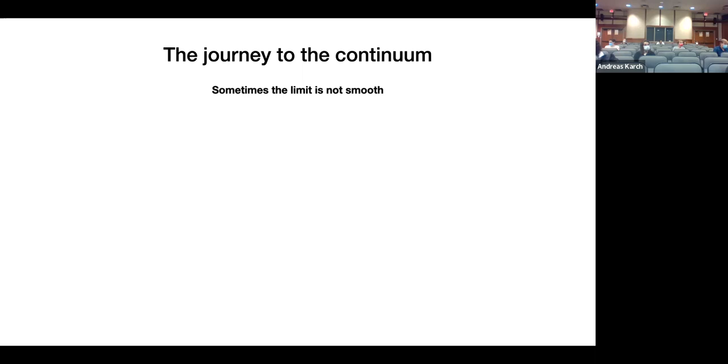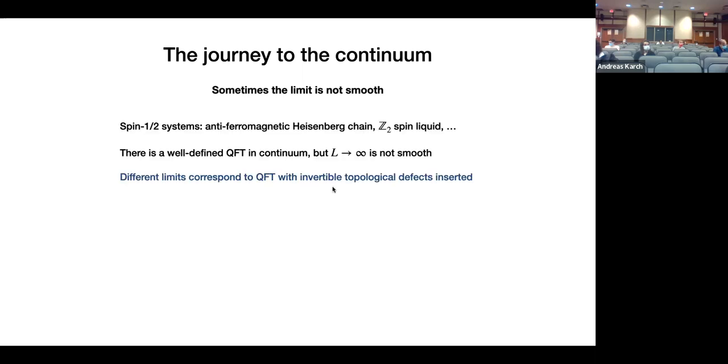However, sometimes the limit is not so smooth. That happens a lot in these spin 1/2 systems where we have more symmetries on the lattice. For example, the antiferromagnetic Heisenberg chain that I mentioned earlier, and also, for example, Z2 spin liquid in 2 dimensions, etc. There is still a well-defined quantum field theory in continuum.